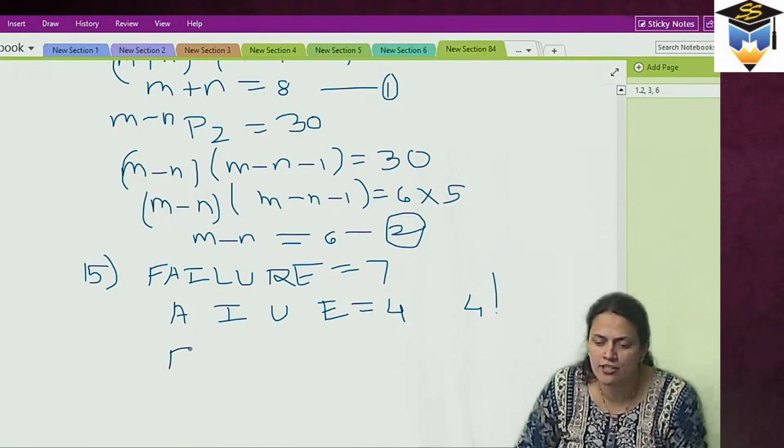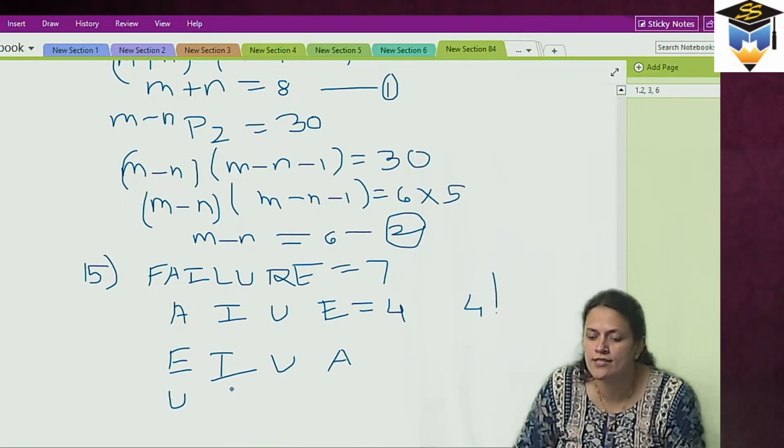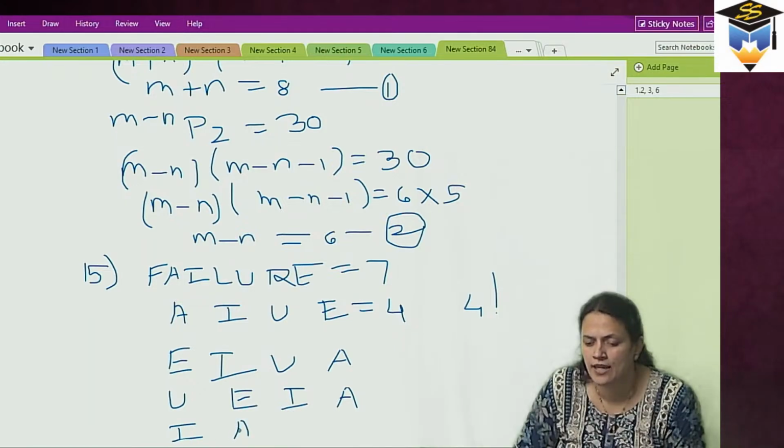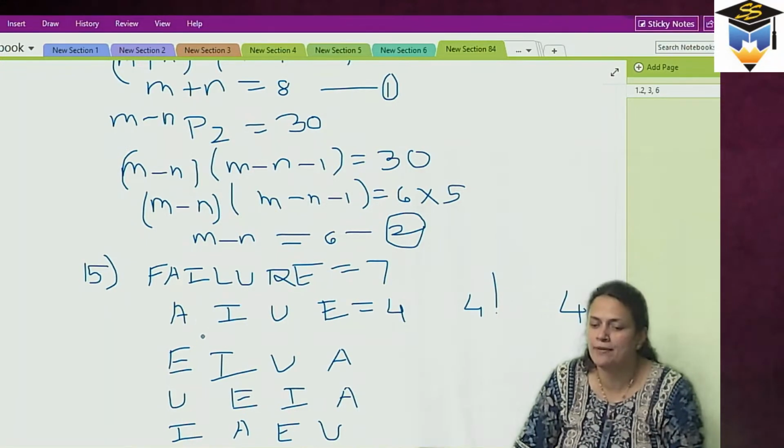I can write E first, or I can write U first, or I can write I first. Any which way is possible, right? So again there is 4 factorial because this can be done in 4 ways.